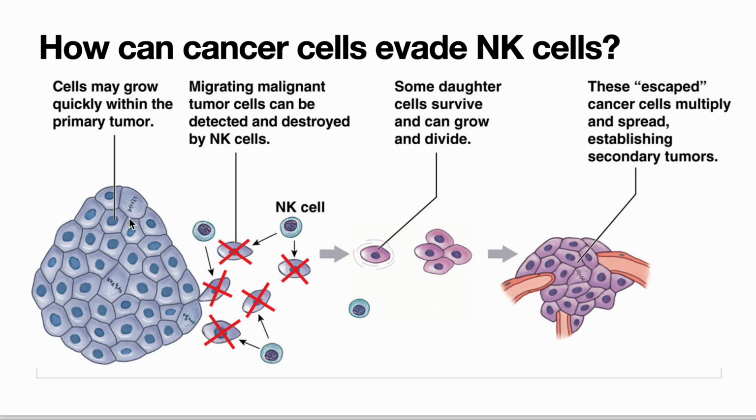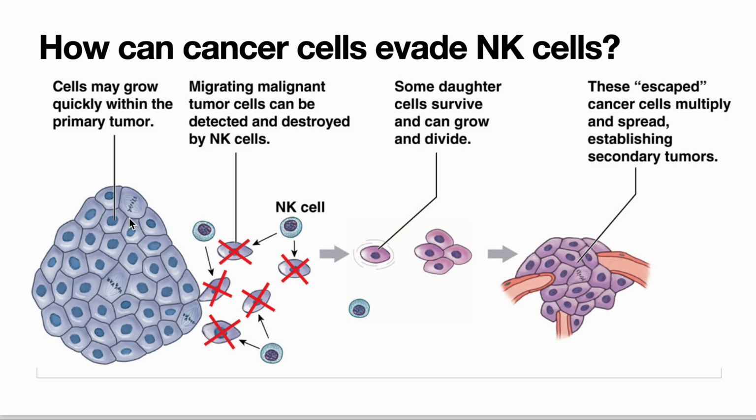But the definition of cancer is that cancer cells will leave the tumor and start to spread, and that's what a malignant cancer is. So once they leave the tumor, the NK cells should be able to detect them and destroy them, which would, in theory, prevent any additional tumors from forming.